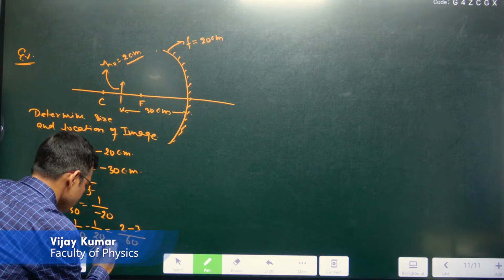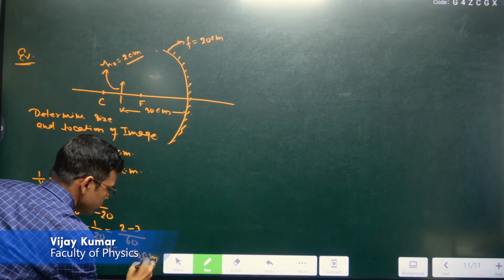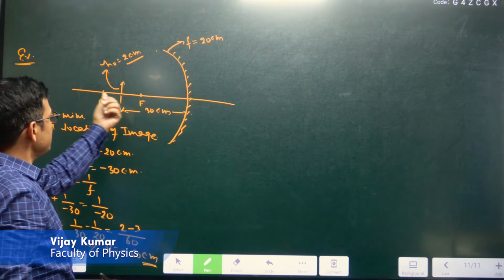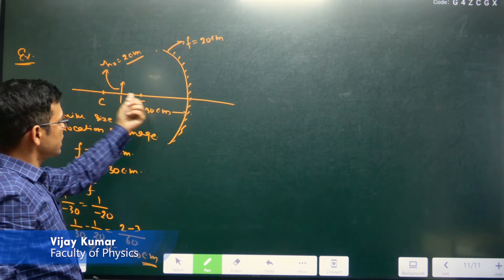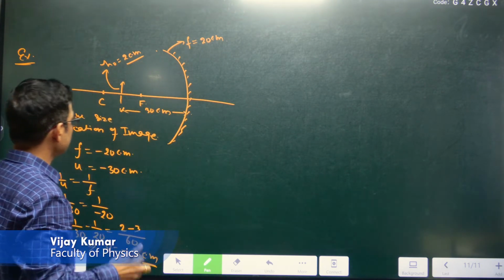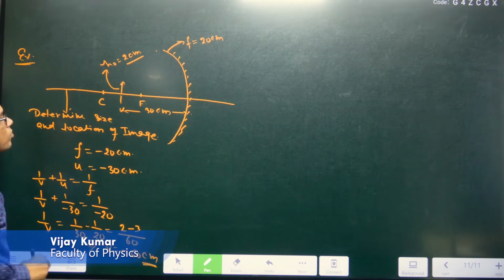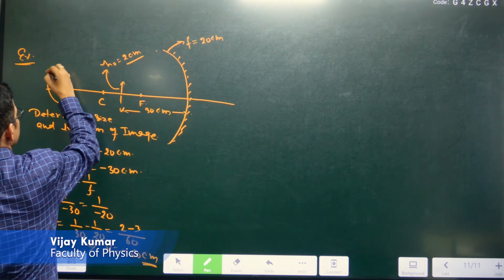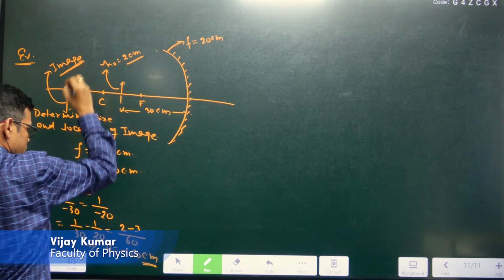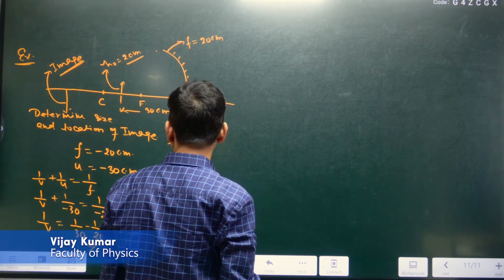So we get v is equal to minus 60 centimeter. Minus 60 indicates that the image formation takes place on the same side as the object. Suppose it forms here, this is your image. So we have found the location of the image.